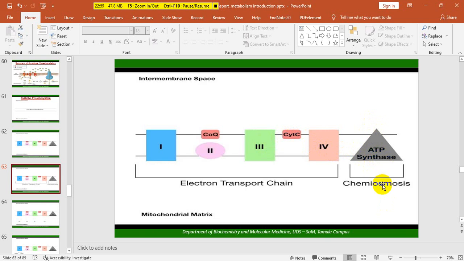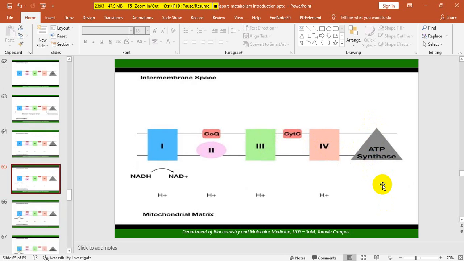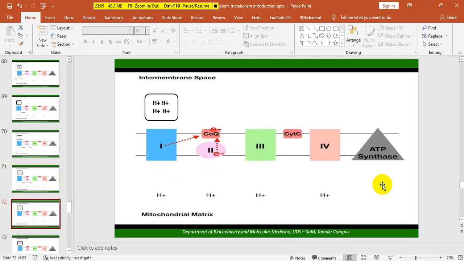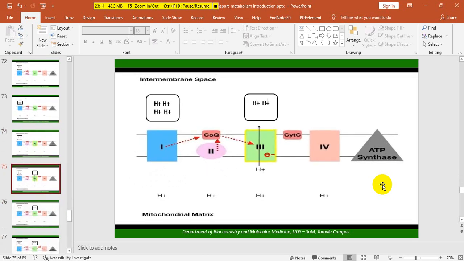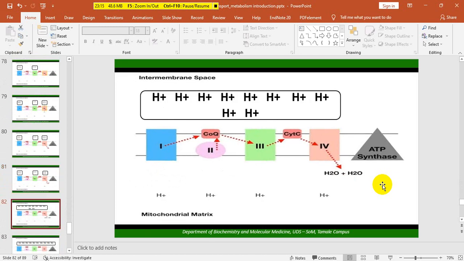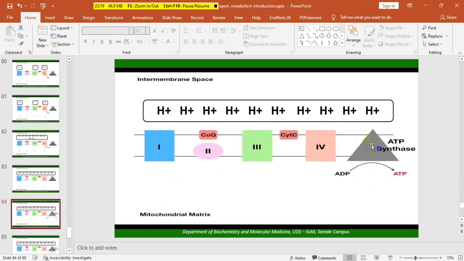This occurs in the mitochondrial matrix. The protons will be 10 here, 10 protons here, as I've already explained.